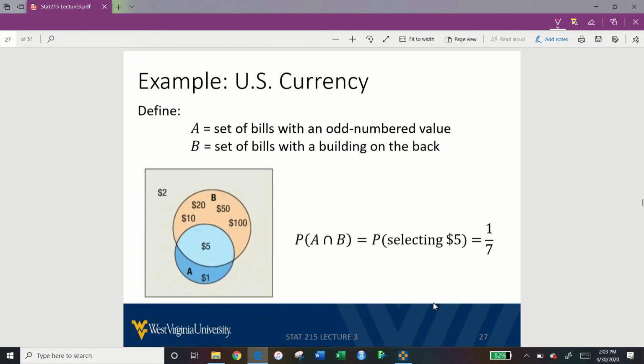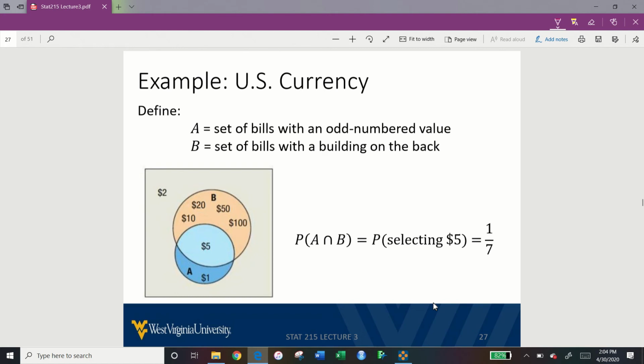Okay, so still continuing with our U.S. currency example. Let A equal the set of bills with an odd number value. B is the set of bills with a building on the back. Drawing this out visually, we know that the set of bills with an odd number value is 1 and 5.